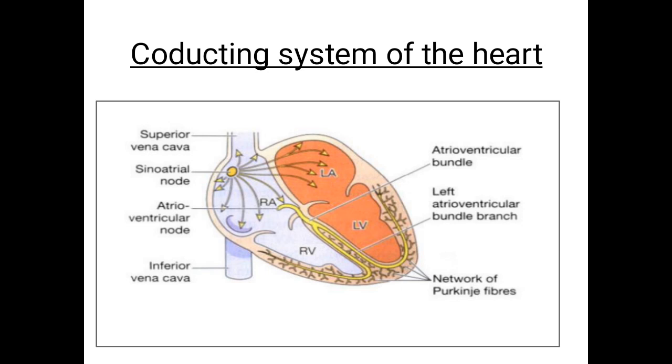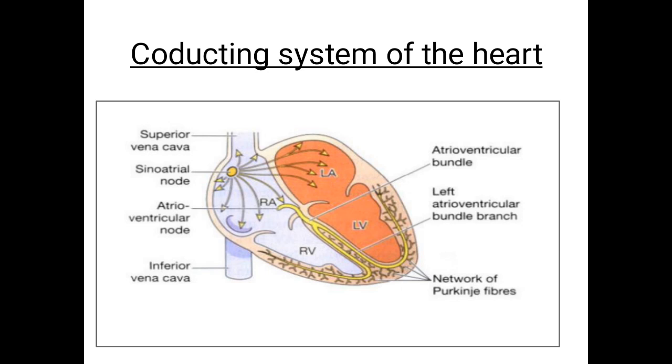The sinoatrial node is also known as the pacemaker of the heart, because it usually initiates impulses more rapidly than any other neuromuscular cell. In short, the SA node creates impulses at a very high rate, and as it creates impulses, that stimulates the others.